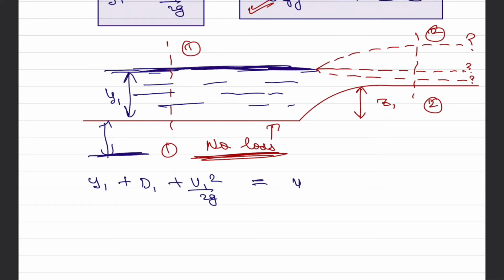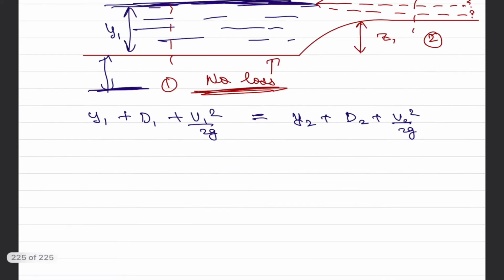And since there are no losses, we can write y2 plus d2 plus v2 square by 2g, assuming again no loss condition. I'm reiterating it again and again because as we get more realistic, we would consider loss conditions also.